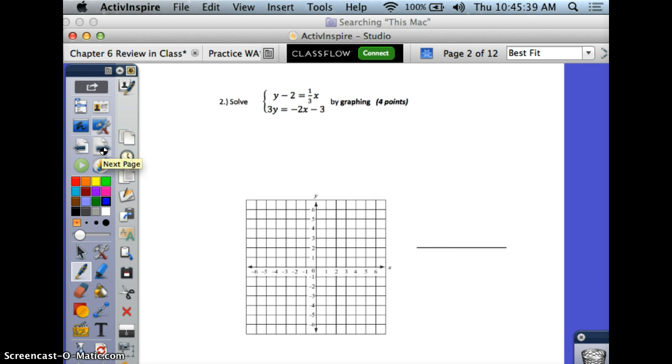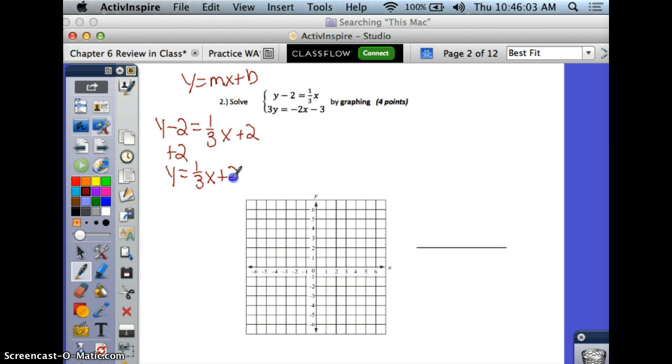Number 2, you need to solve by graphing. So the first thing you have to do is make sure that they are in slope-intercept form. For the first line, we have y minus 2 equals 1/3 x. All we have to do is add 2 to both sides. So to put it in y equals mx plus b, you have y equals 1/3 x plus 2.